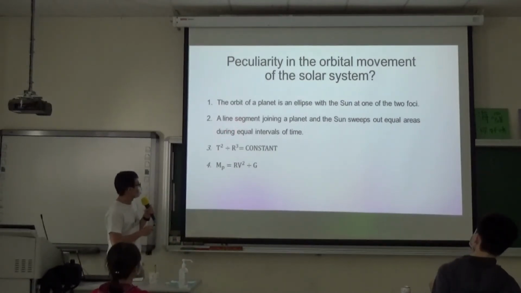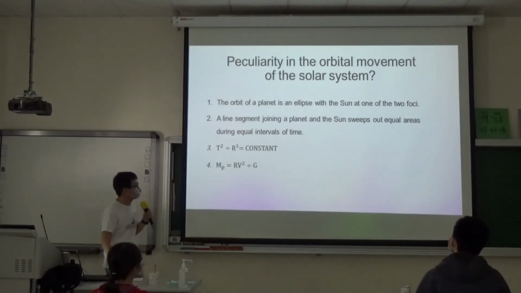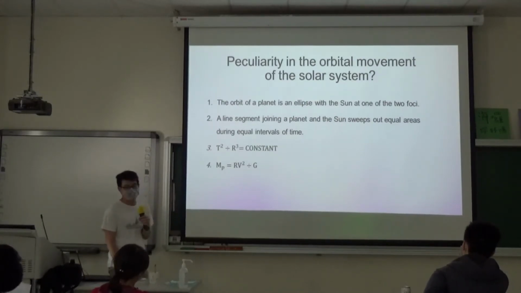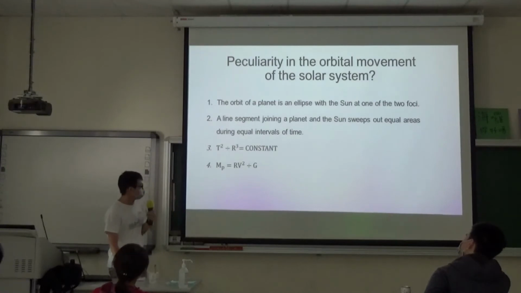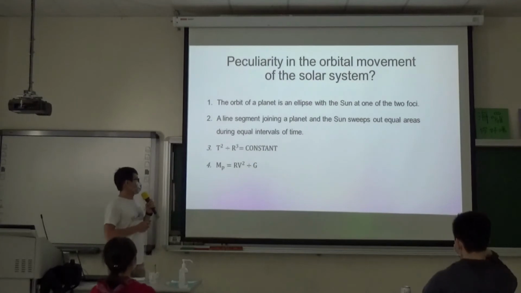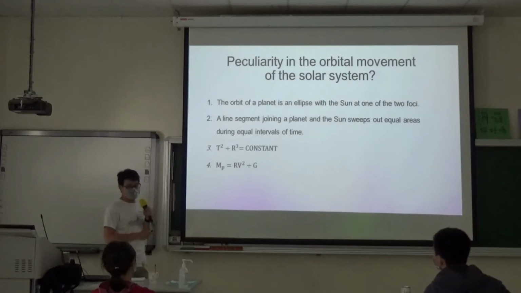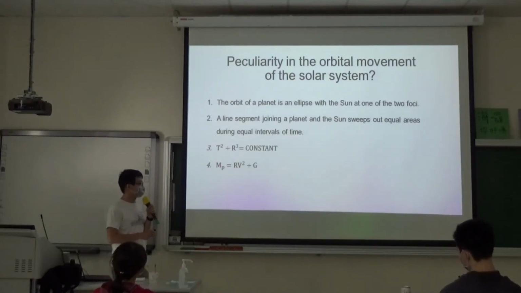A line segment joining the planet and the sun sweeps out equal areas during equal intervals of time. 它就是等面积定律，同样时间会扫过相同的面积。Then the third one, T is the period and R is the longer radius, and if I divide them, they will be a constant.